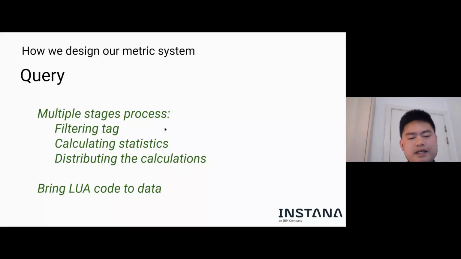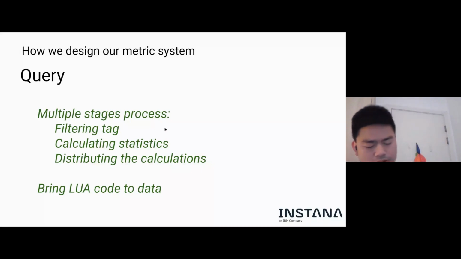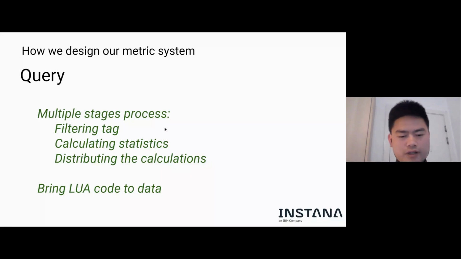And then the next thing is about distributing the calculation. Every component in our metric system is horizontally scalable. So the ingestion pipeline, and also the aggregator part, is horizontally scalable. The benefit is that, of course, it scales as more customers put in more metrics.